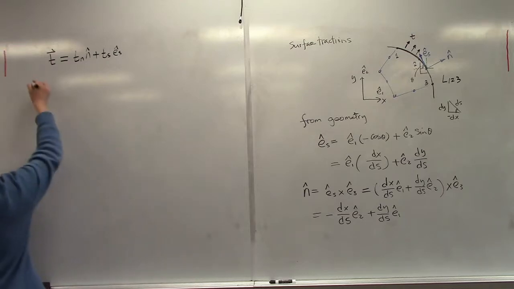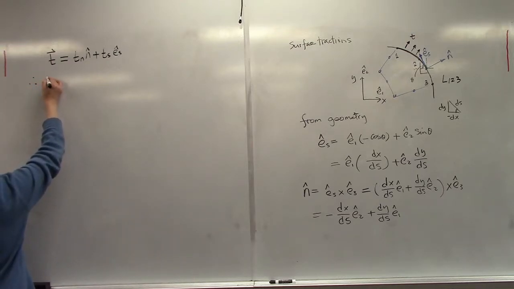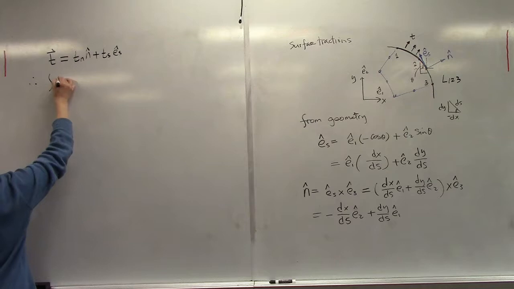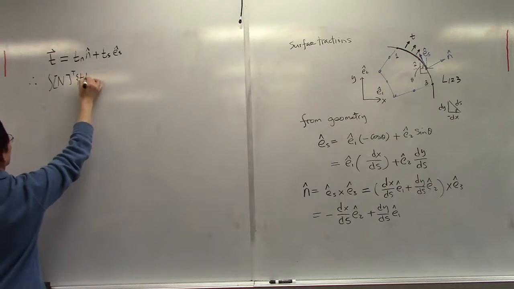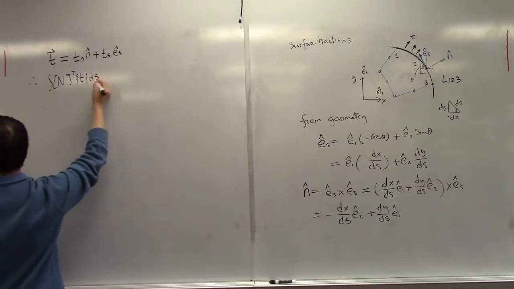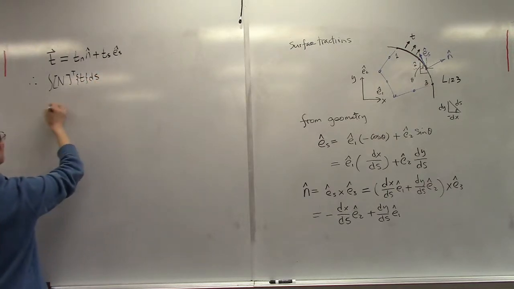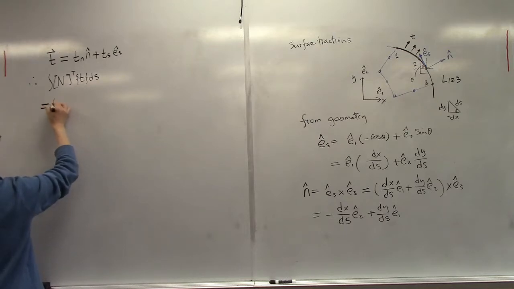Therefore now we can say this n vector transpose times t vector ds is equal to the thickness.